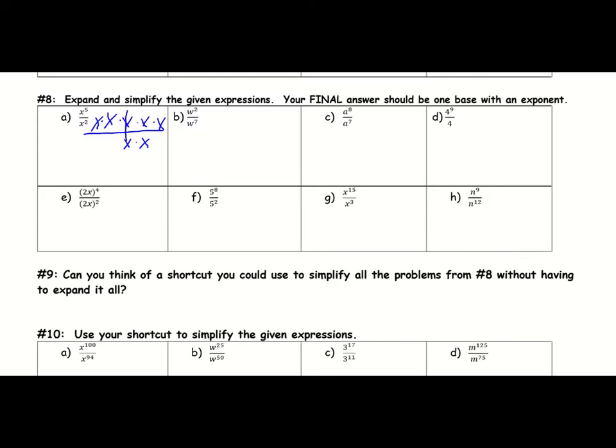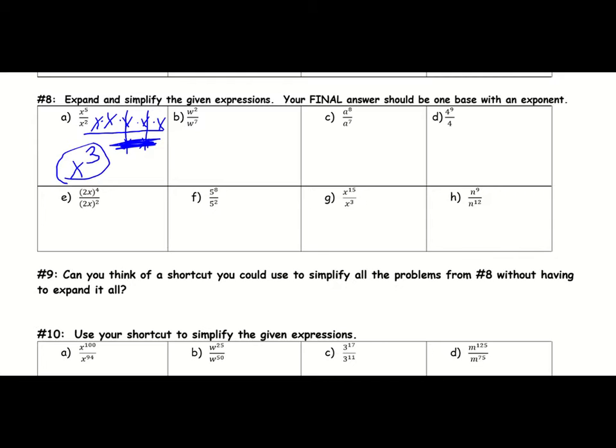So right here, I have a pair of x's that I can cancel out. That's going to be 1. And over here, I have a pair of x's that'll cancel out. That's going to be 1. So if you notice, the entire bottom of my fraction has disappeared. And all I'm left with is 3 x's on the top. So x to the fifth divided by x squared would be the same thing as x to the third power, since I only have 3 x's left.